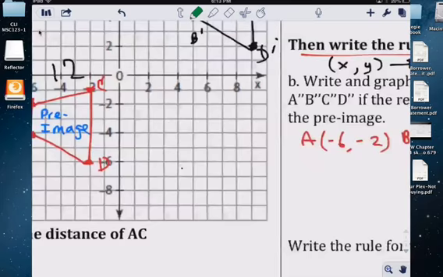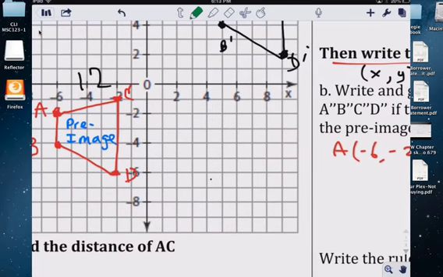So I'm going to rotate C. It's laying down, so I'm going to stand it up. Right here. And then D, oops, sorry, I need to erase this.